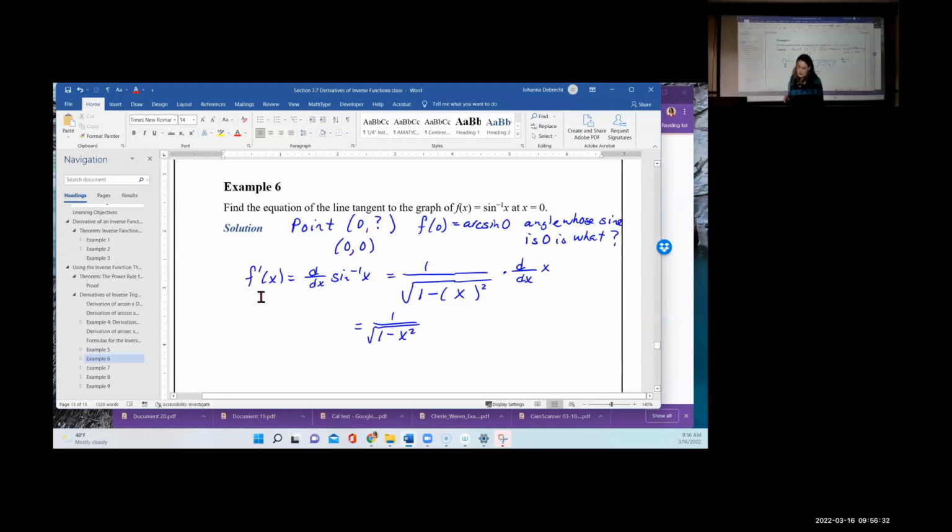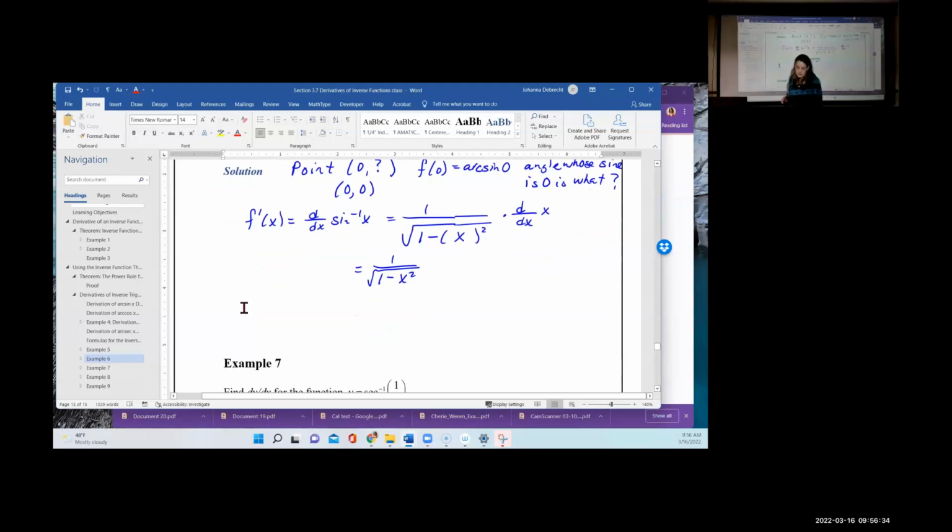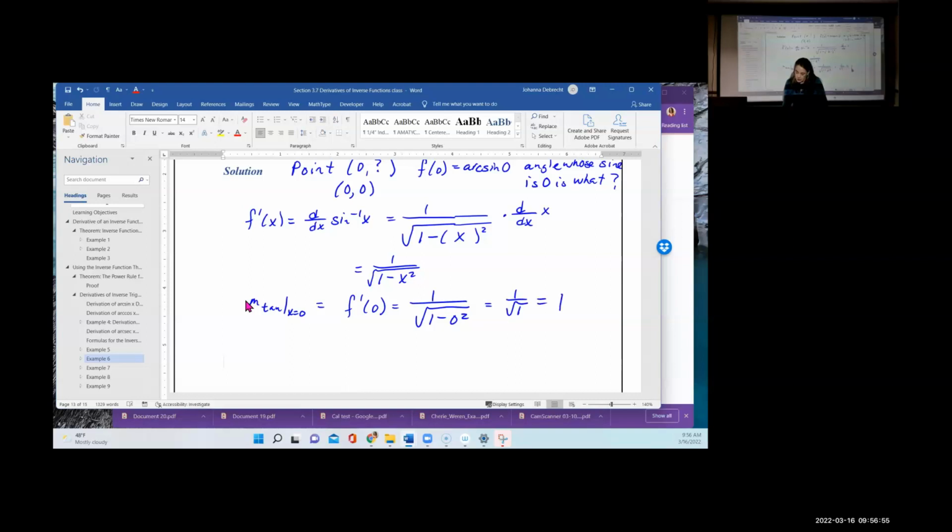All right. Now to find the derivative at 0, what we need to do is to replace the x with 0 so we can find the slope of the tangent line at x equals 0. And this will give us f prime of 0, which is 1 over the square root of 1 minus 0 squared, which is 1 over the square root of 1, which is 1.